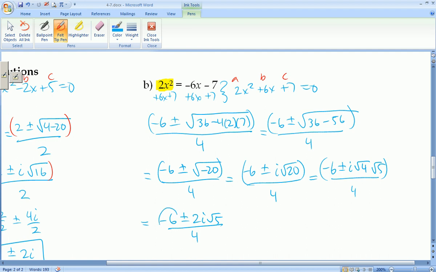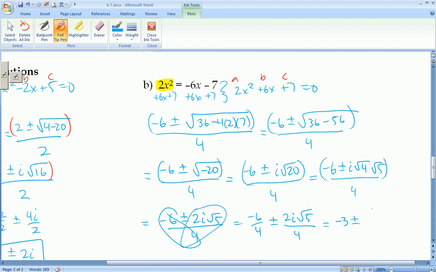Alright, same deal. We can go ahead and divide this guy and divide this guy. Negative 6 divided by 4, we're going to reduce that number. And then 2i radical 5 over 4. Alright, so let's reduce some stuff here. So negative 6 divided by 4, that's going to be negative 3, sorry, negative 3 divided by 2. My mistake. We have plus or minus.